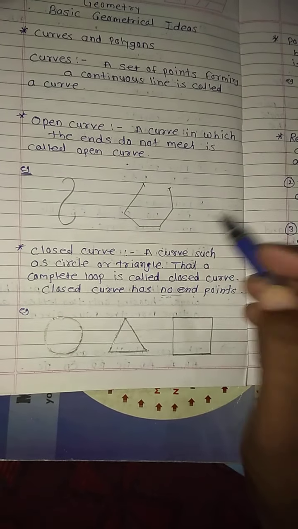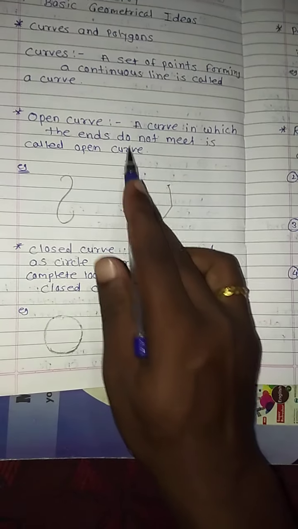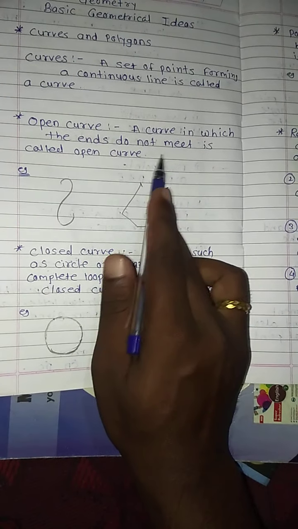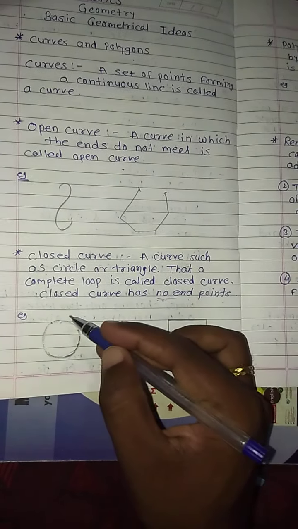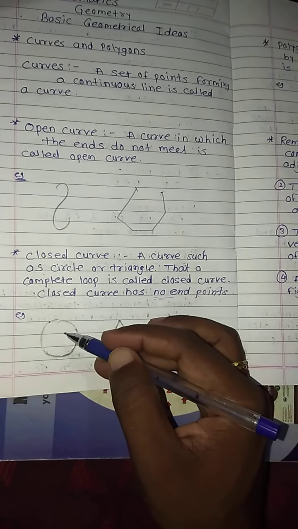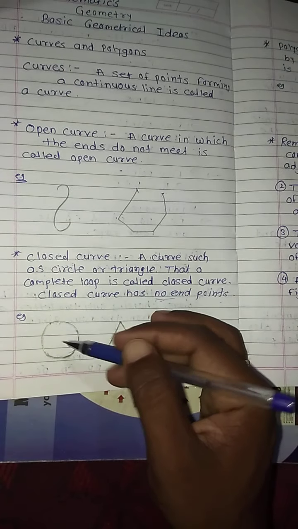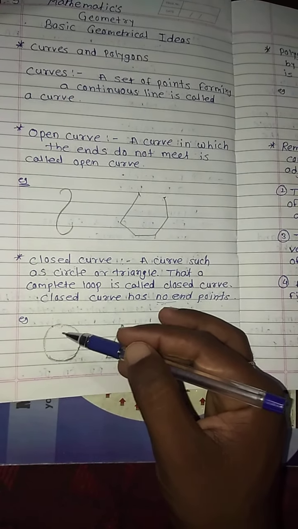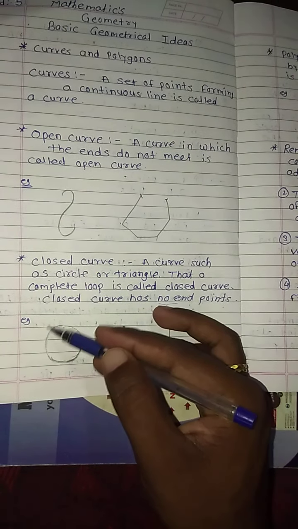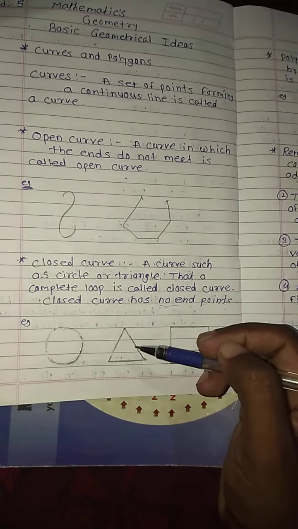Whenever their end points never meet anywhere, it is an open curve. And if we cannot locate their initial point and terminal point, then that figure is called a closed figure. I hope you understand this part.